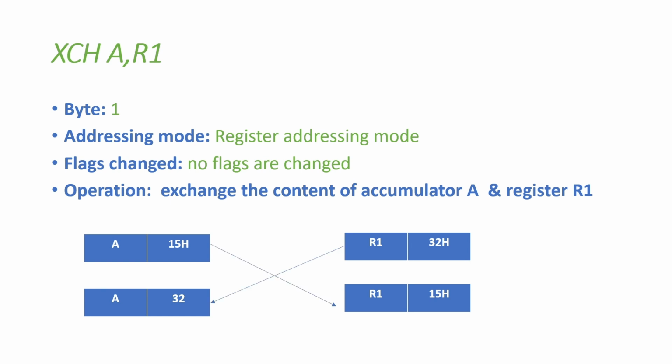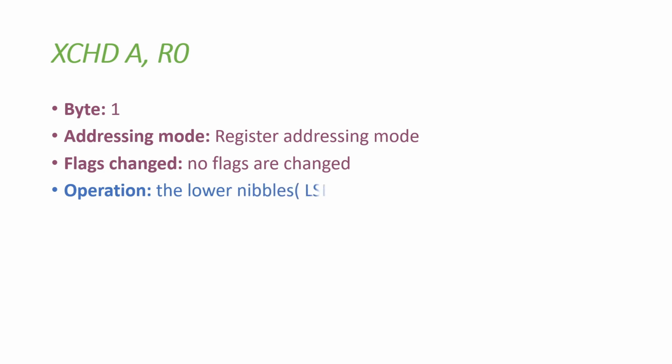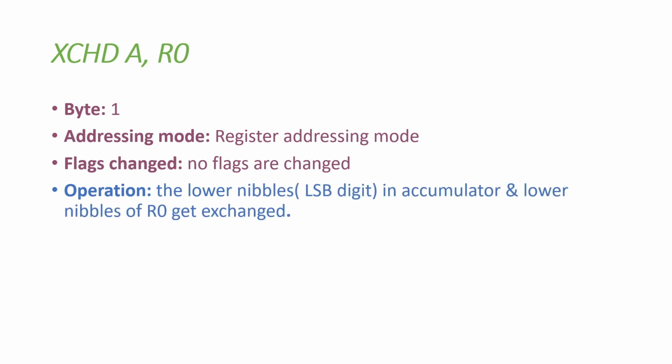because the contents are exchanged. See the next instruction, XCHD A, R0. Here 1 byte is required. Addressing mode is register addressing mode. No flags are changed. Now the operation. The lower nibble, that means the LSB digit in accumulator, and the lower nibble of R0 get exchanged.